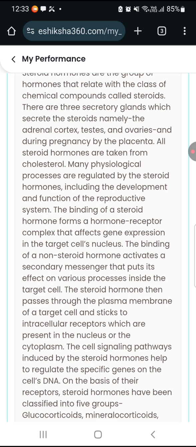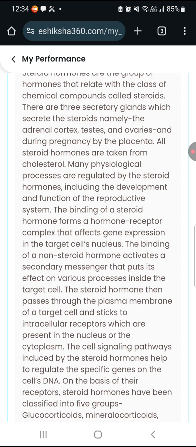This steroid hormone passes through the plasma membrane of a target cell and sticks to intracellular receptors which are present in the nucleus or the cytoplasm. These cell signaling pathways induced by the steroid hormones help to regulate specific genes on the cell's DNA.